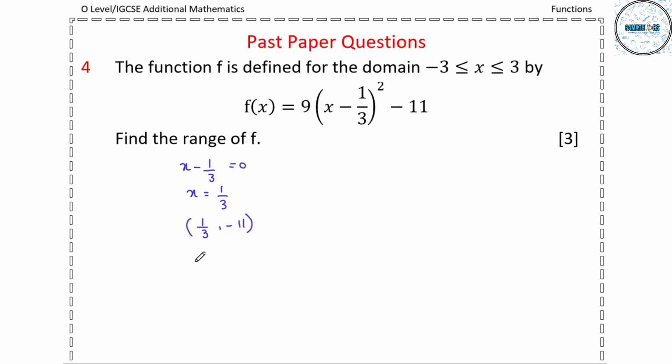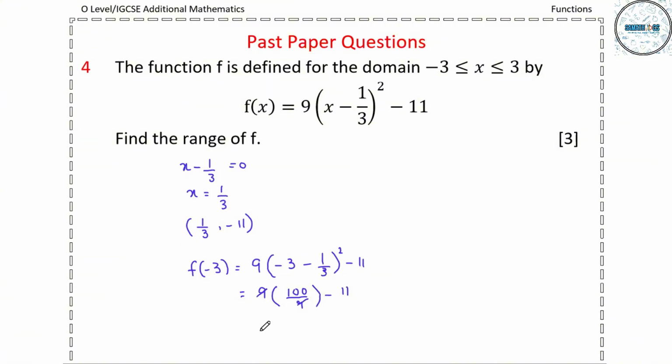Now we will substitute the value of x as minus 3. 9 into (minus 3 minus 1 upon 3) whole square minus 11. So when we simplify, we will get 100 upon 9 here.